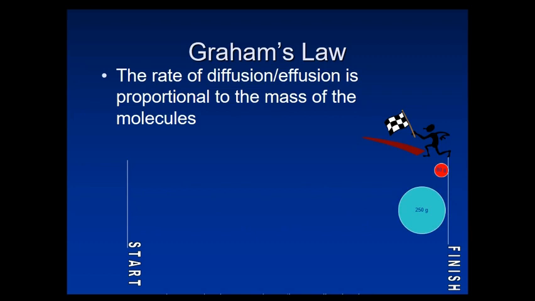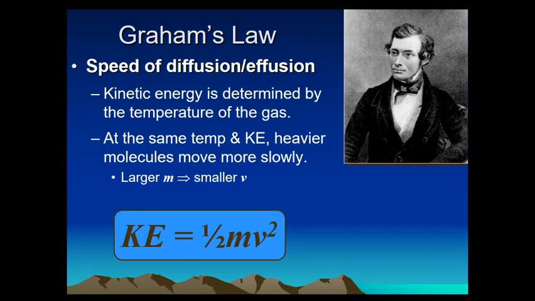So let's look at Graham's law. One thing Graham's law says is that we know that at the same kinetic energy, the more massive particles will have lower speeds, they'll be moving more slowly. The less massive particles will be moving more quickly.